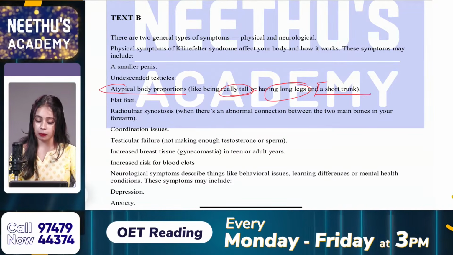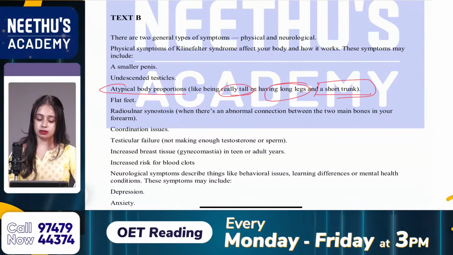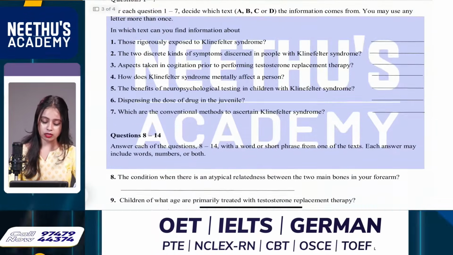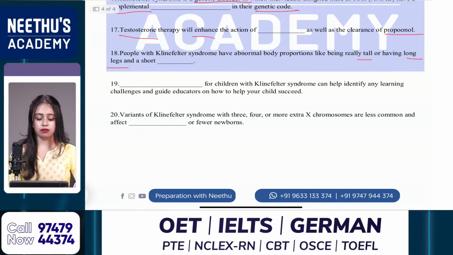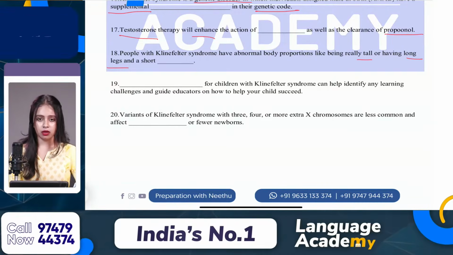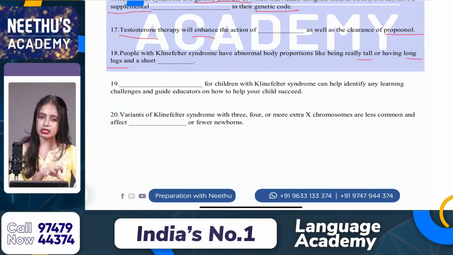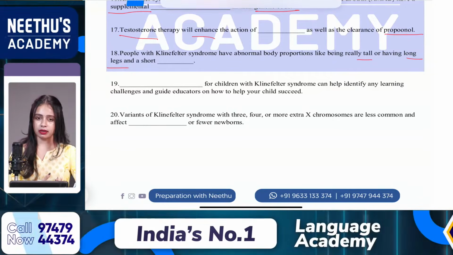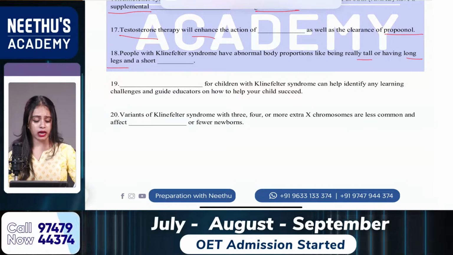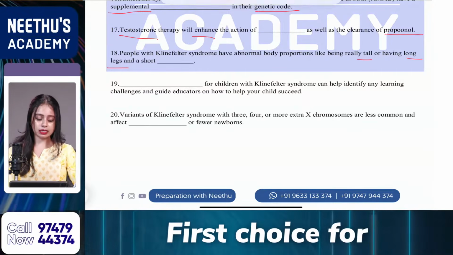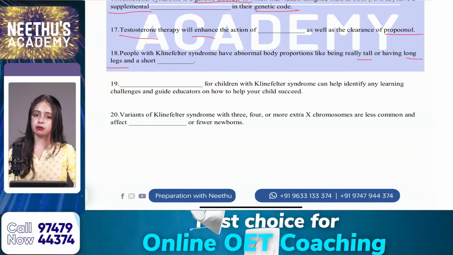So what is it? Short trunk. Okay, so the answer should be trunk from text B. Okay, Sarala, it is trunk. Okay, Gina, it is trunk from text B.